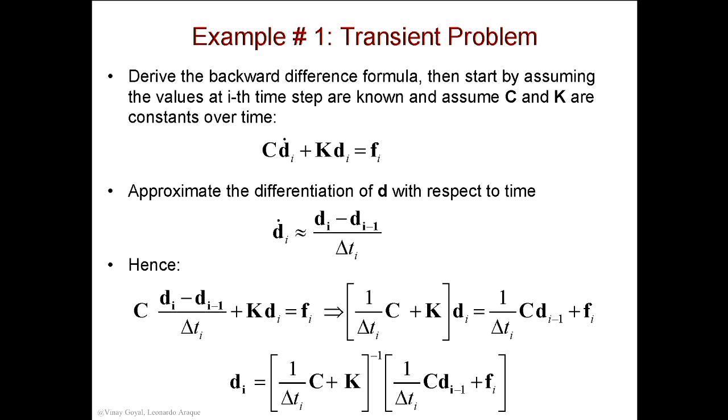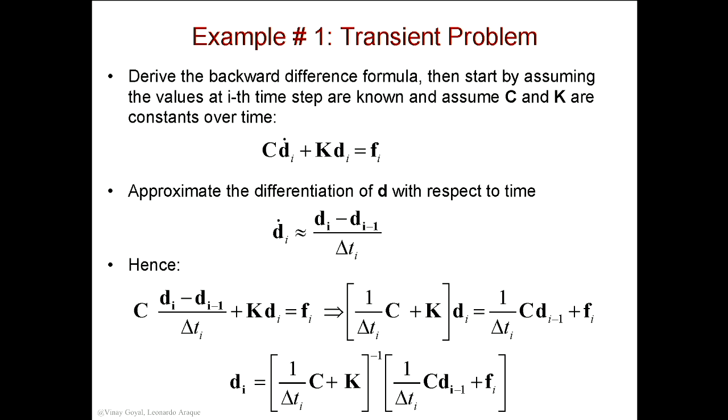I brought that out of the equation. And so that's what I got. So nothing to be worried about. But just notice how, with a backward difference method, I have to invert this matrix right here. So I invert that, multiply by this, and then I can get the value of D_i.